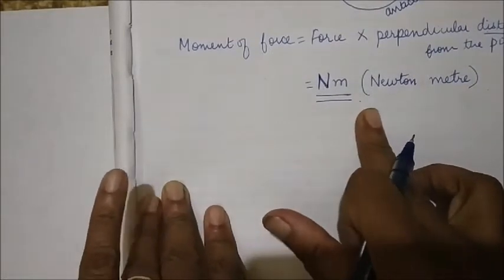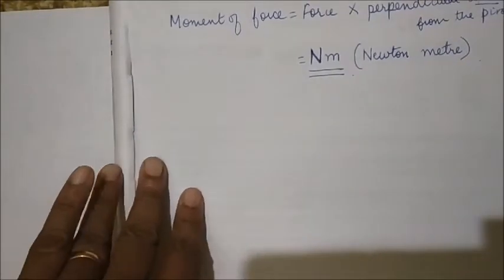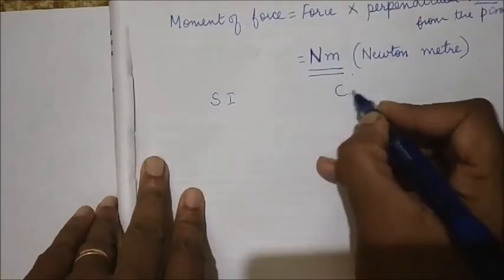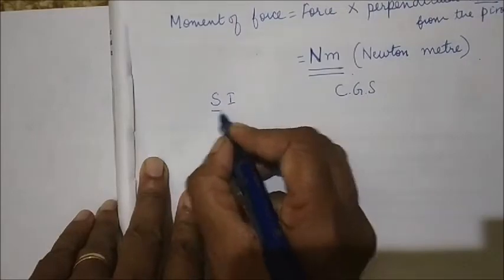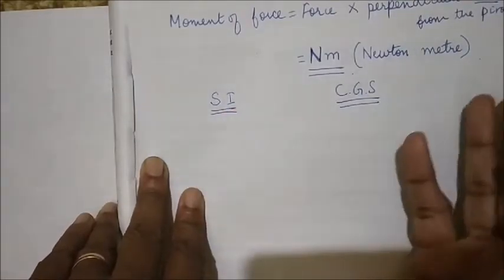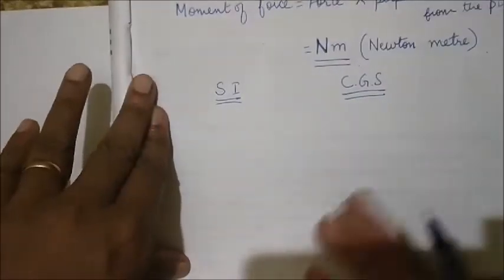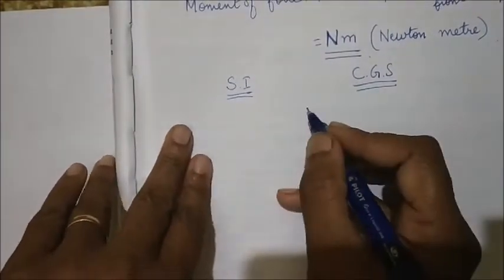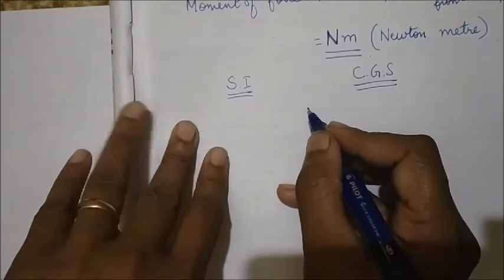Before we go into the numericals, I want to talk about the SI and CGS system. I spoke about it in the previous chapter, but I heard some children did not understand it, so I'm going to talk about it again.